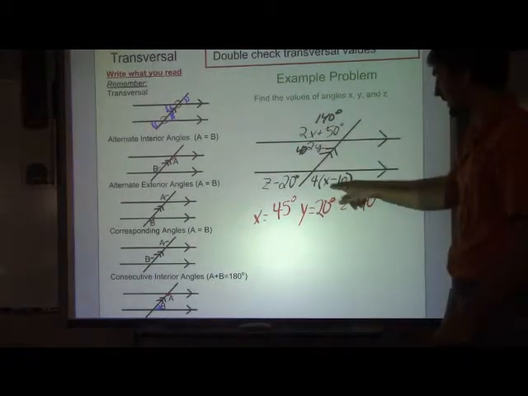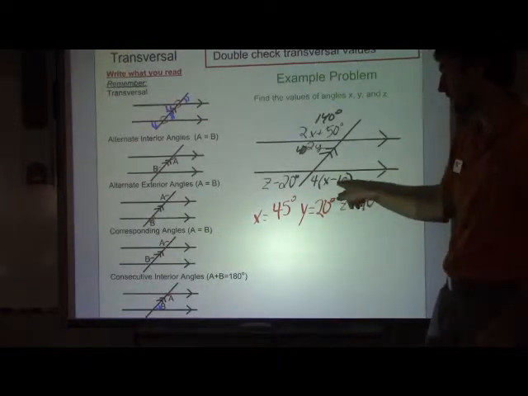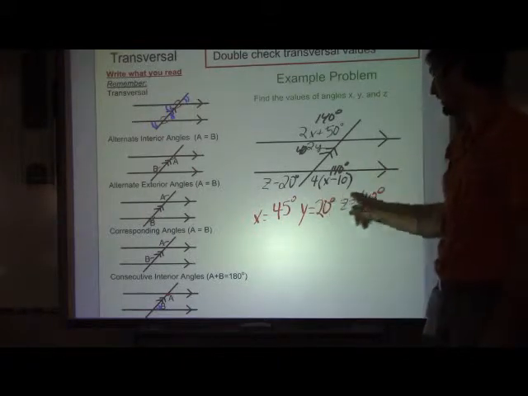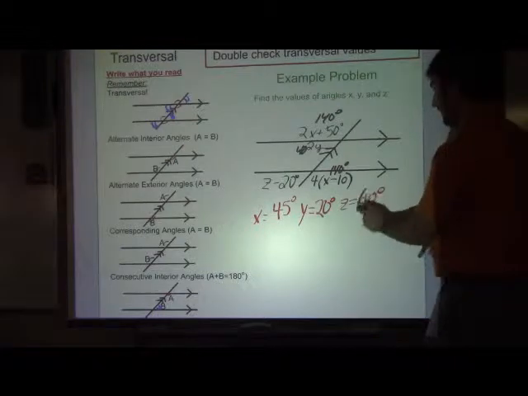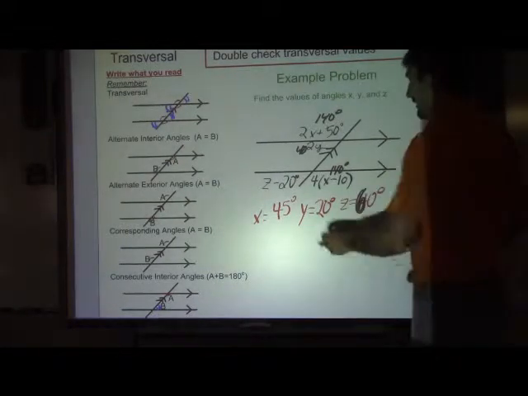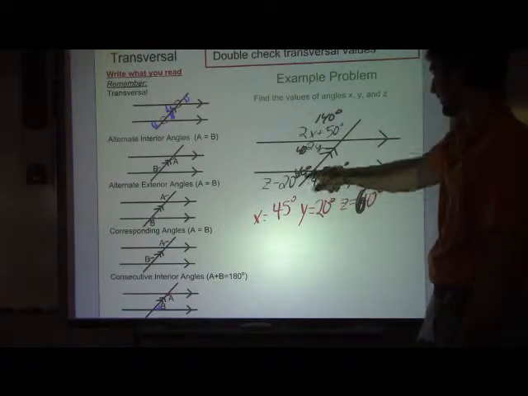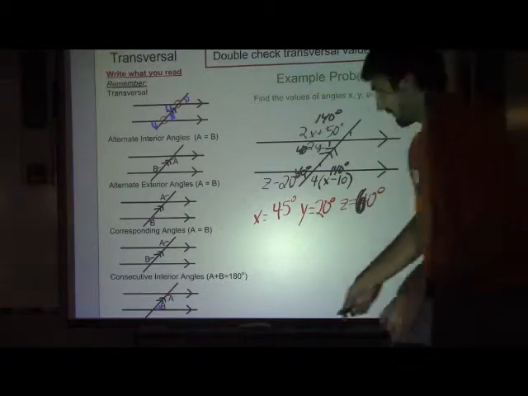Yep. 45 minus 10 is 35, 35 times 4 is 140 degrees. Over here, z minus 20, that should have been 60 actually, 60 minus 20 is 40 degrees. Those two add up, and again, they match each other diagonally. So we're good to go.